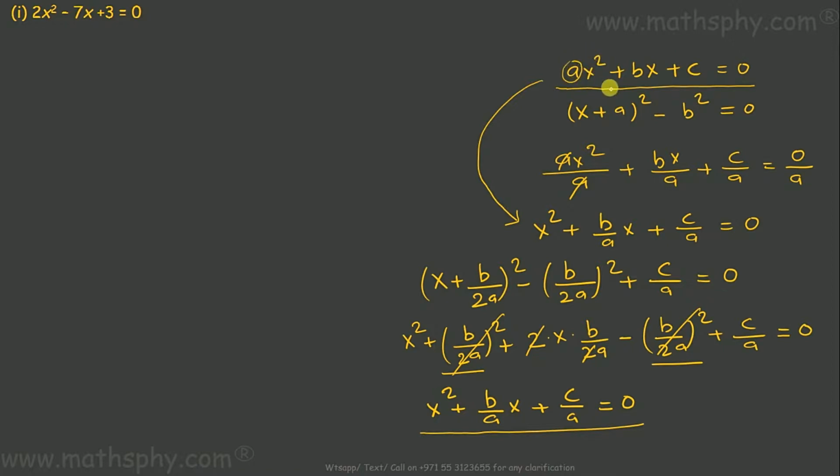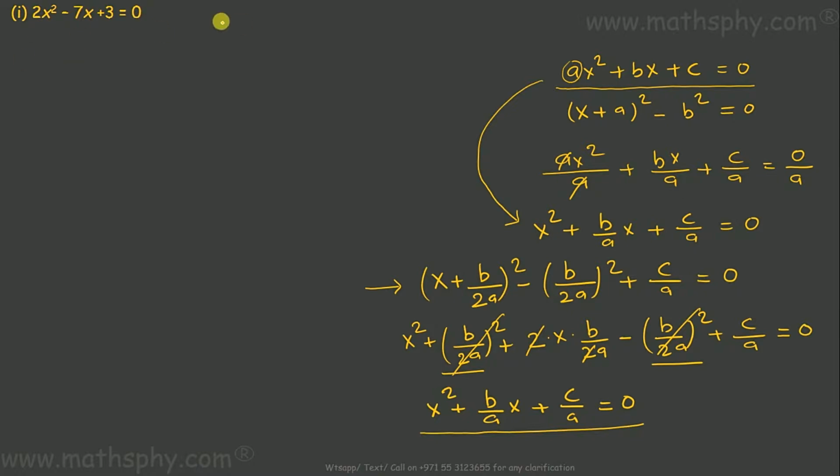So this equation here or this equation here, both are same. They have been presented differently. Now this piece here, I will be using to convert this equation in this format. (x plus a) whole square minus b squared equals to 0. Let's see how to do that.